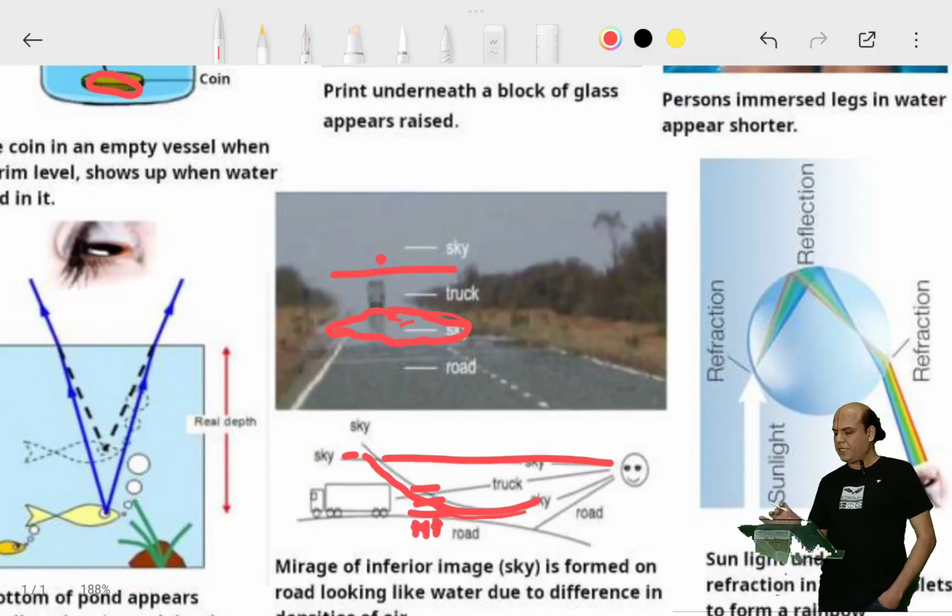Okay. Now another example is when after a rainfall, sometimes we see a rainbow occurring in the atmosphere. This is because when the sunlight enters a rain droplet at this boundary, the light ray gets refracted. Different wavelengths of light have different degrees of refraction, or different angles of refraction. So this light ray is split and it reaches the opposite boundary.